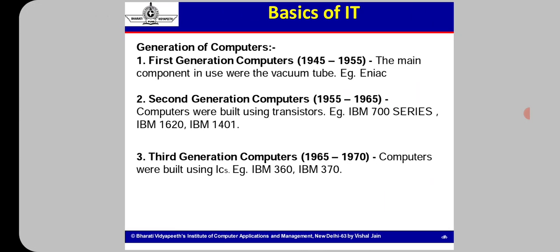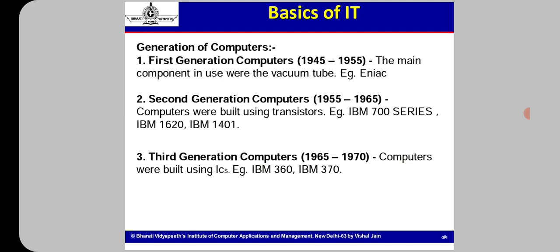So first one is generations of computers. Generations of computers is also a compulsory set of questions from unit 1. So basically there are 5 generations of computers. First one is first generation computers. In first generation computers, the period is from 1945 to 1955.